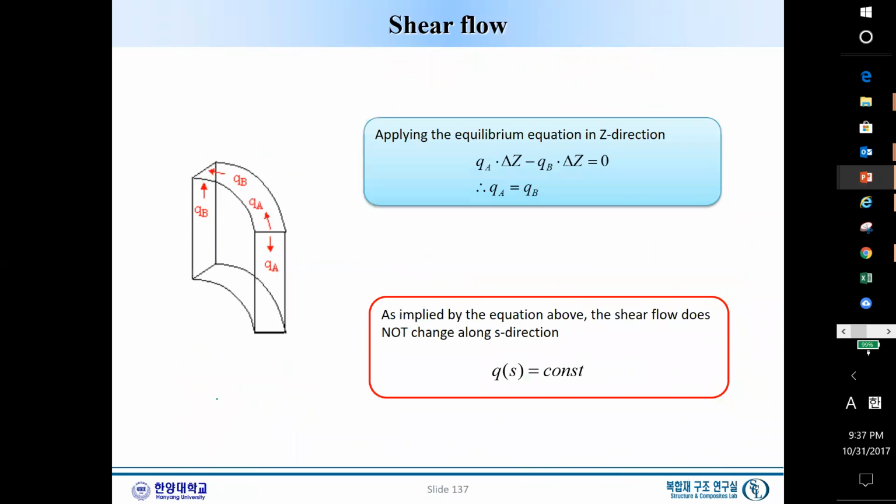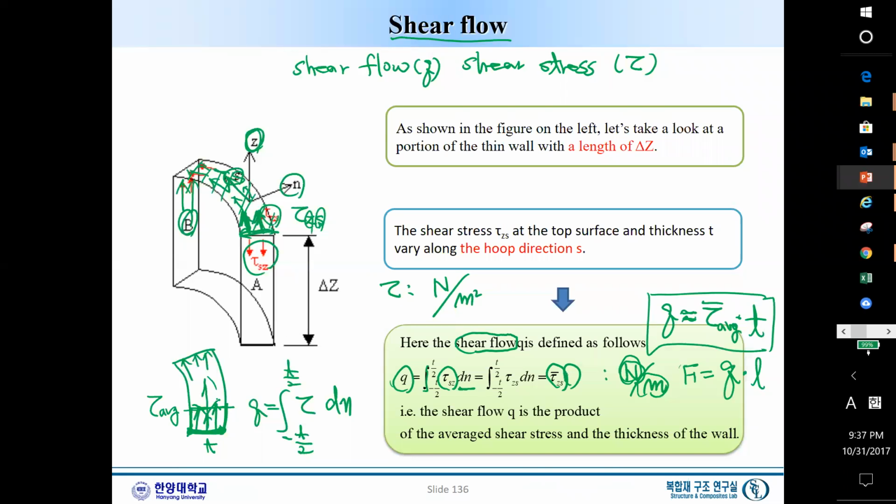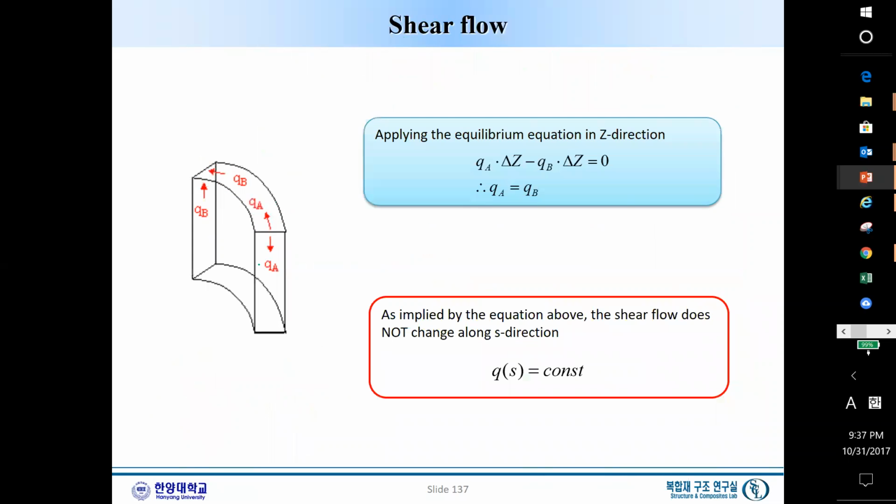Now an important point is that instead of a shear stress, we can say there is a shear flow. At this point, point A, we have a shear flow QA, and here, point B, we have a shear flow QB.